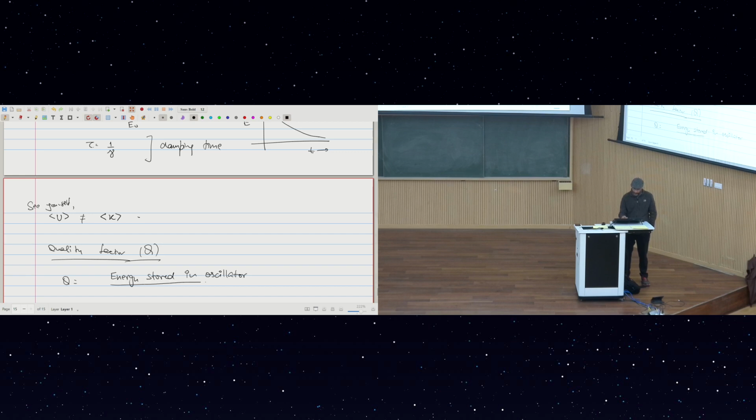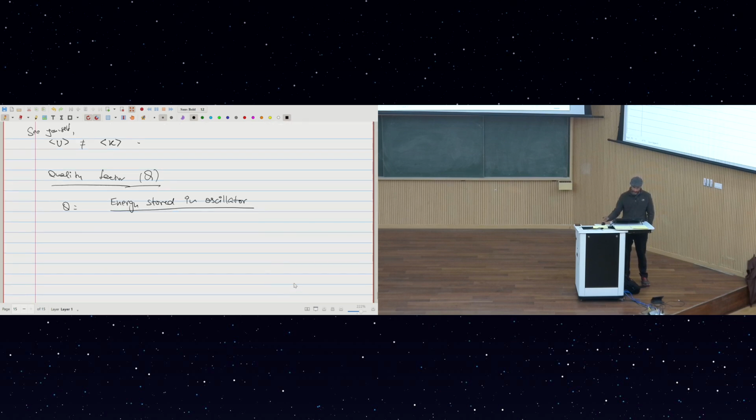It's the ratio of energy stored in an oscillator at any time divided by the energy dissipated per radian, not per second, per radian, because we're talking about different systems, so the cycle time will be different.